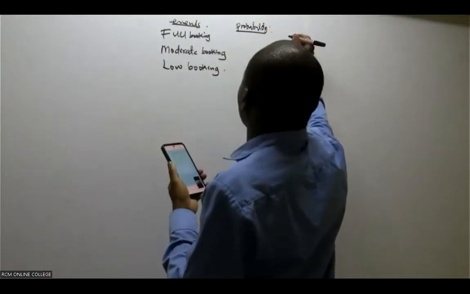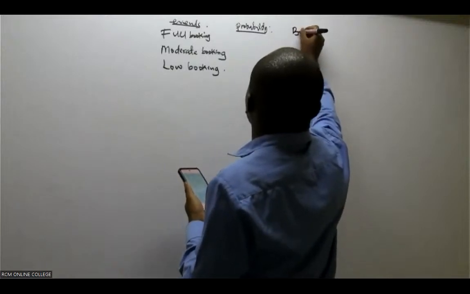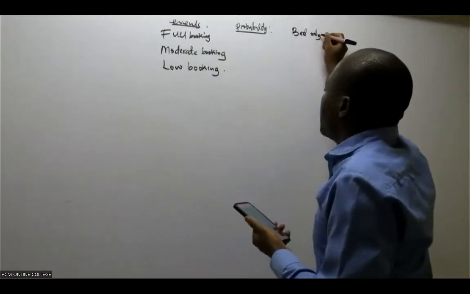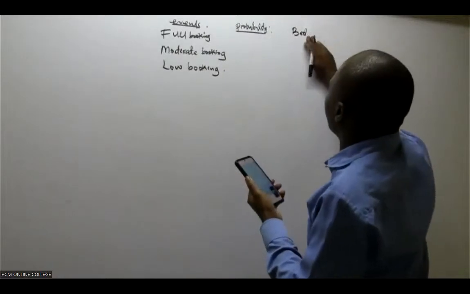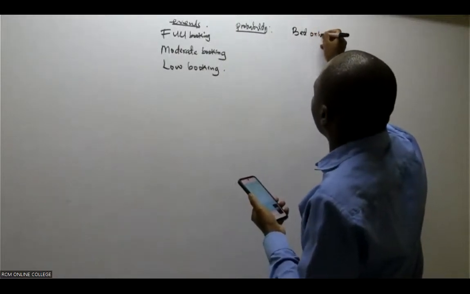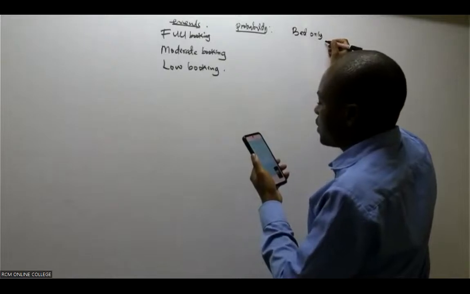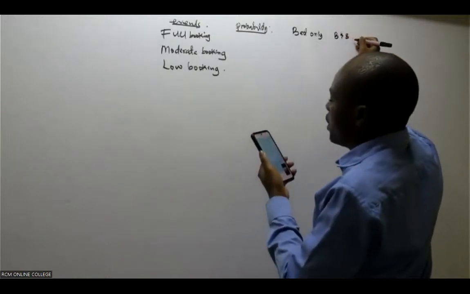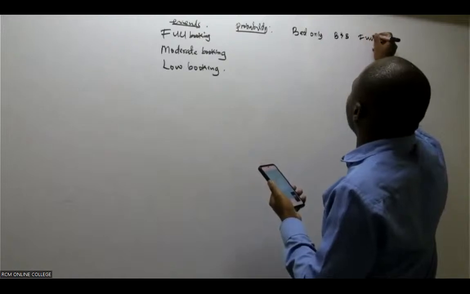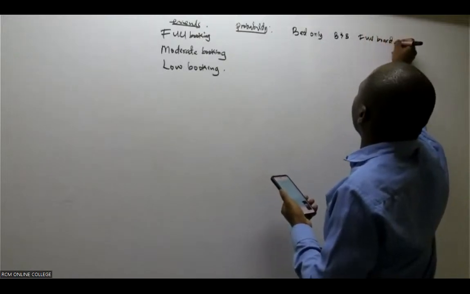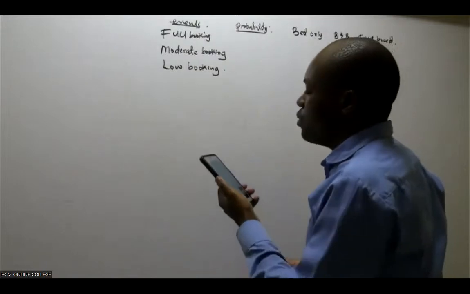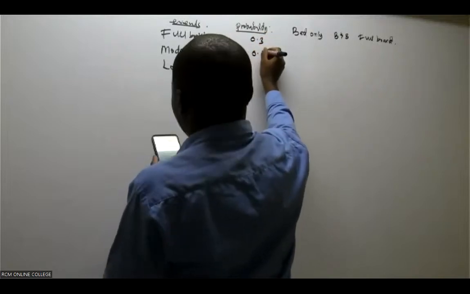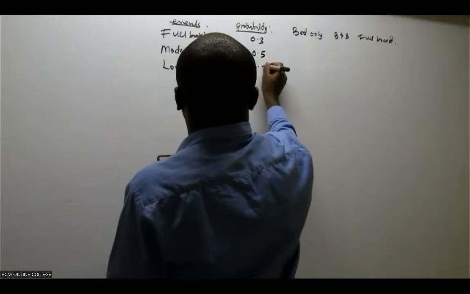And then we have bed only, bed and breakfast, and then full board. Now, full booking probability 0.3, 0.5, 0.2.